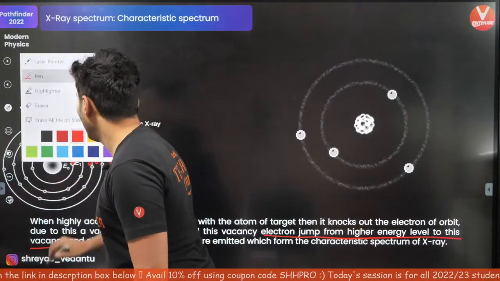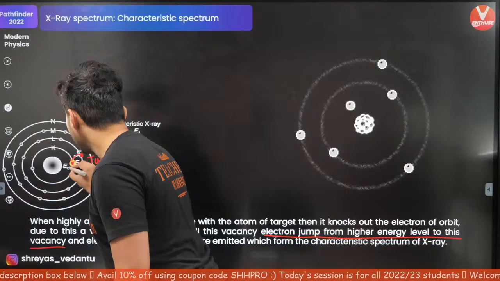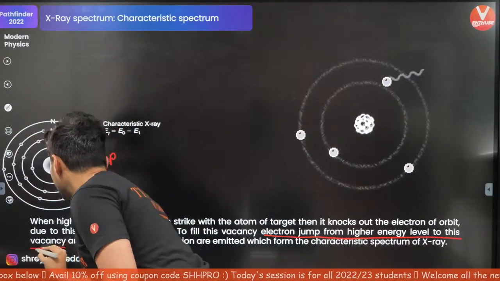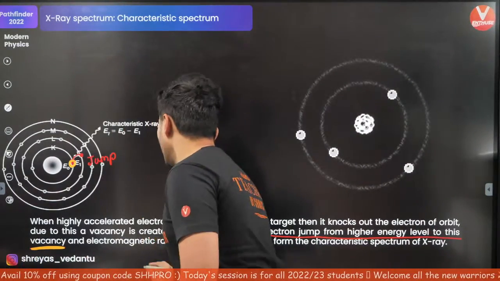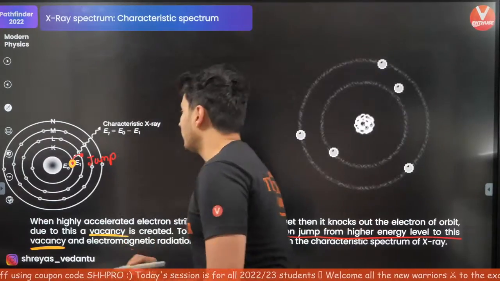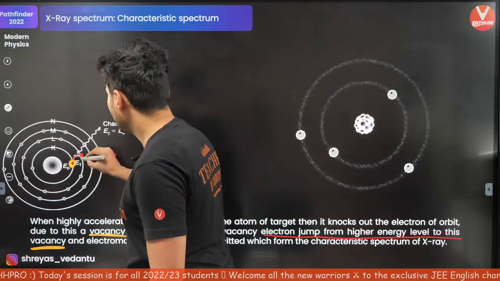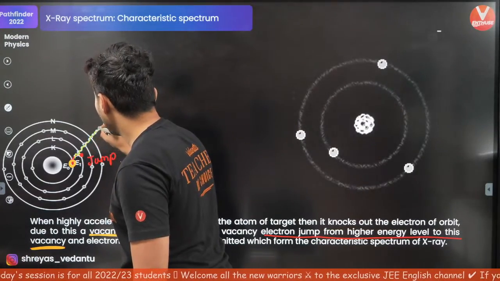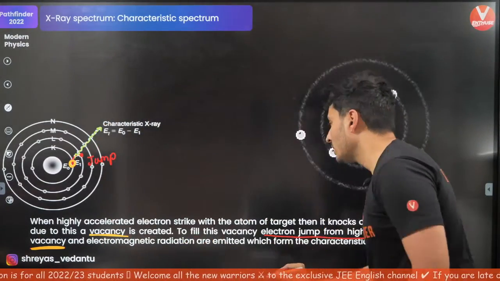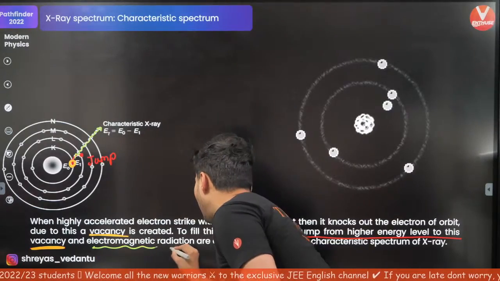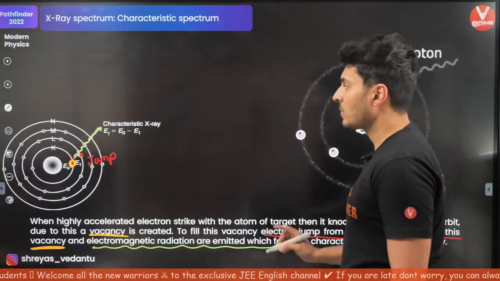Now if you want to know where the vacancy is, this is your vacancy which is created, right over here. Hence, you will see that X-rays are created. So you will see EM waves are created out of this.